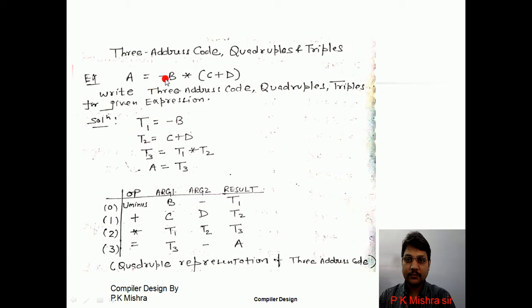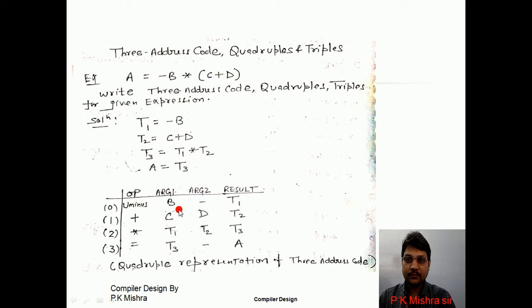Now t1 into t2 is stored in another temporary variable t3. And finally assign t3 to a. This is the three address code for this expression.